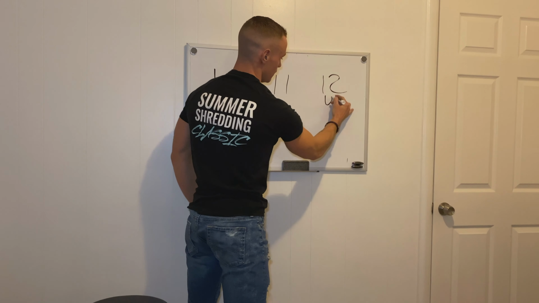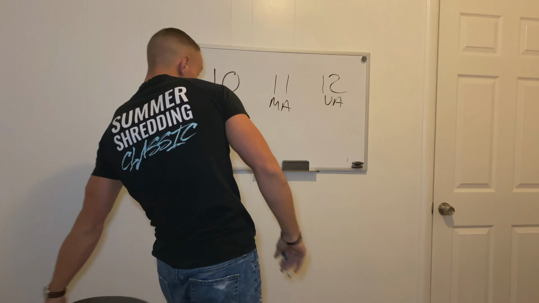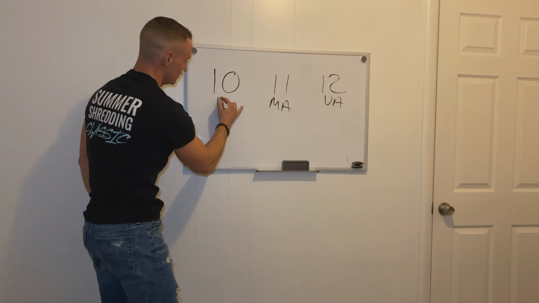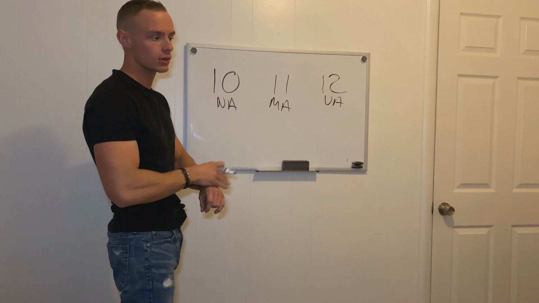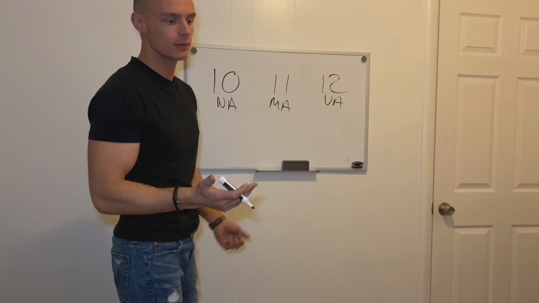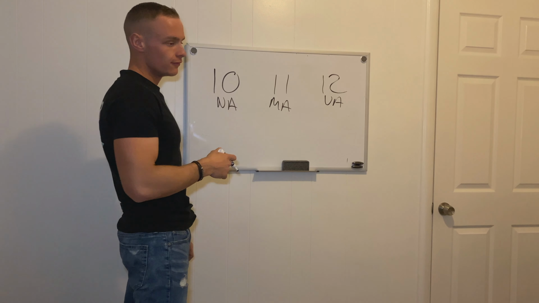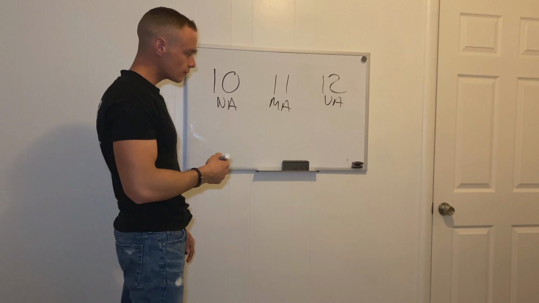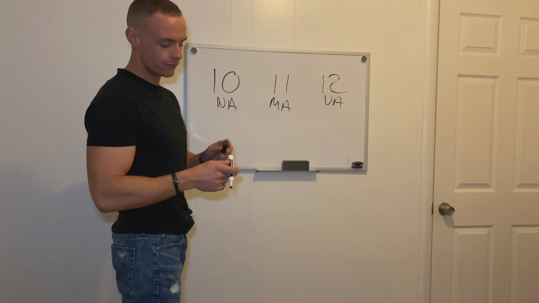This being very active, moderately active, and this one being non-active. So if your height is 5'5" or lower, let's take a person that's 5'5", like a female, and the average weight would be about 140 pounds.